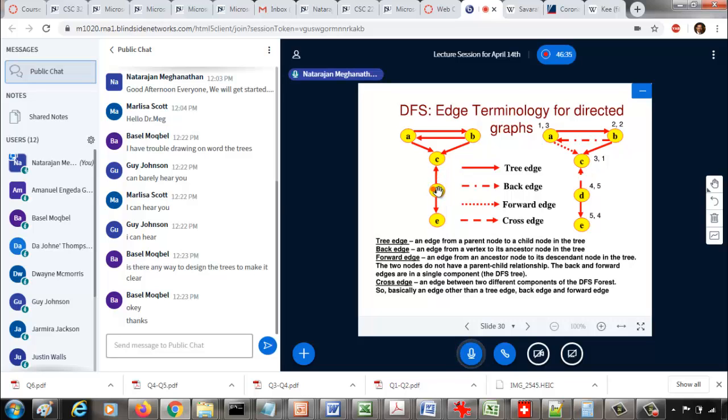This edge is visiting a vertex C that has been both pushed as well as popped out of the stack. But C was visited in an earlier instance of depth first search. So because of that, it cannot even be called a forward edge. It should be called something different. It should be called a cross edge.